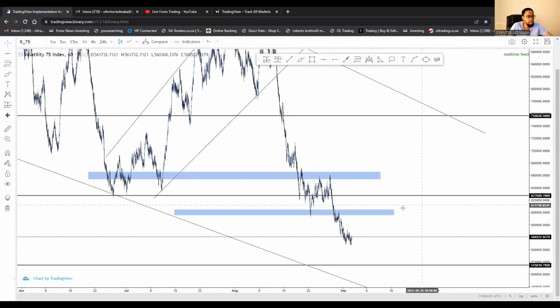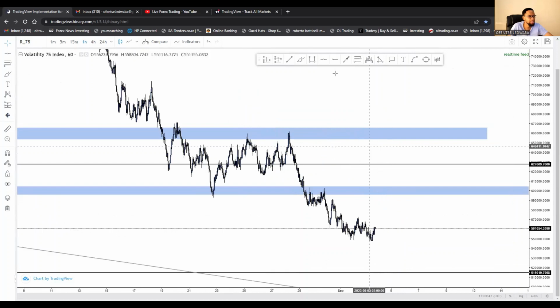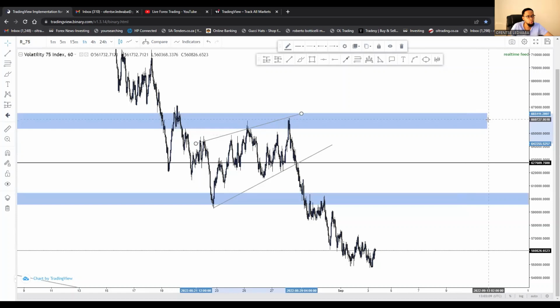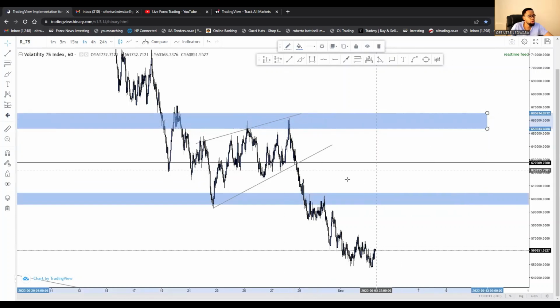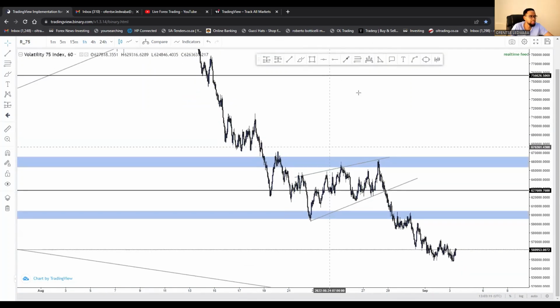So currently, look, we have a correction here, correction here, and then already here when we reached the zone, which is the supply zone, we dropped. So I want to show you guys why we dropped here.